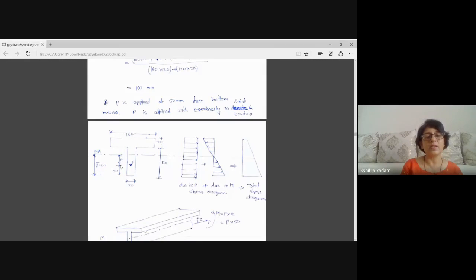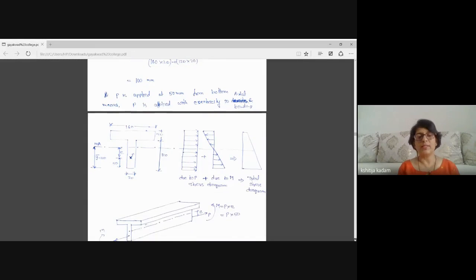And how much is that eccentricity? 100 minus 50. So the beam will experience axial force because of P as well as bending because of the moment. And how much will be the moment? P into E. Now, the summation of these two stresses will give you the total stress diagram.